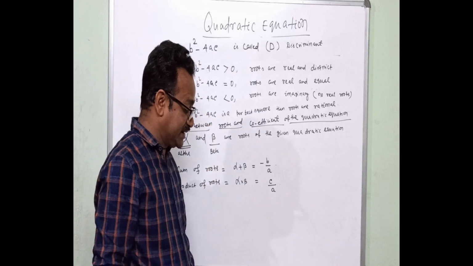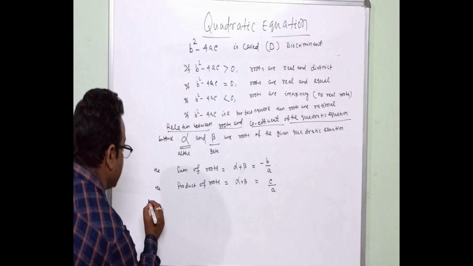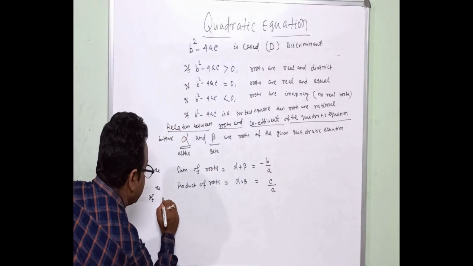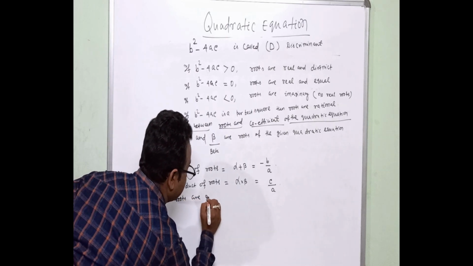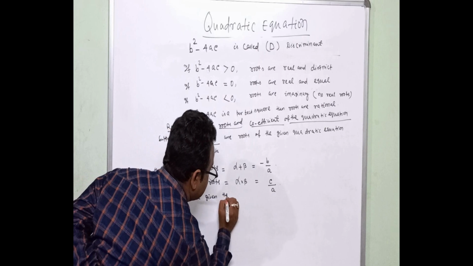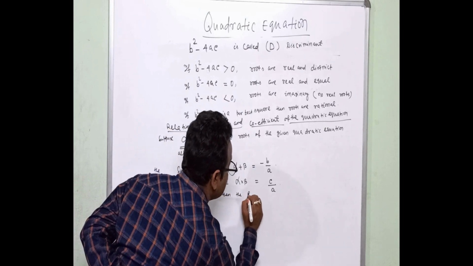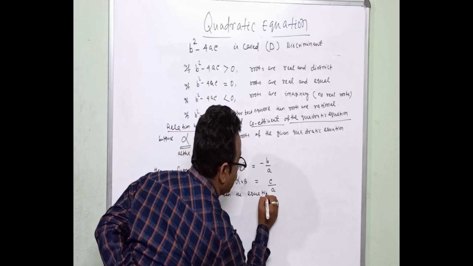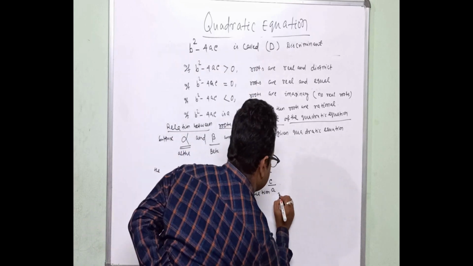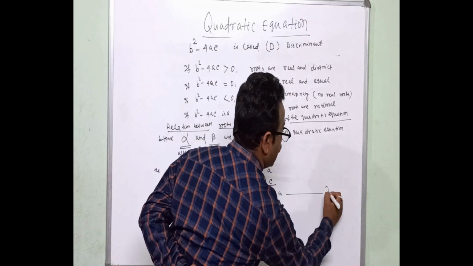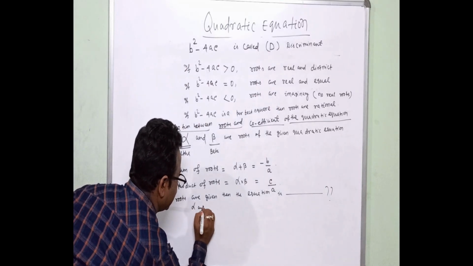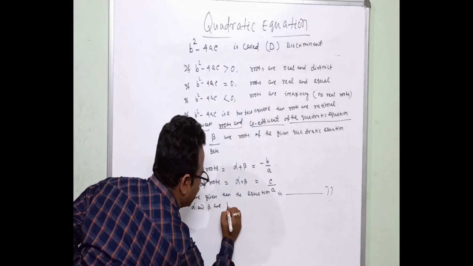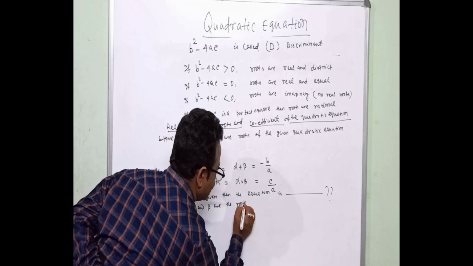We can get it. Now if the roots are given, then what is the equation? Suppose alpha and beta are the roots.